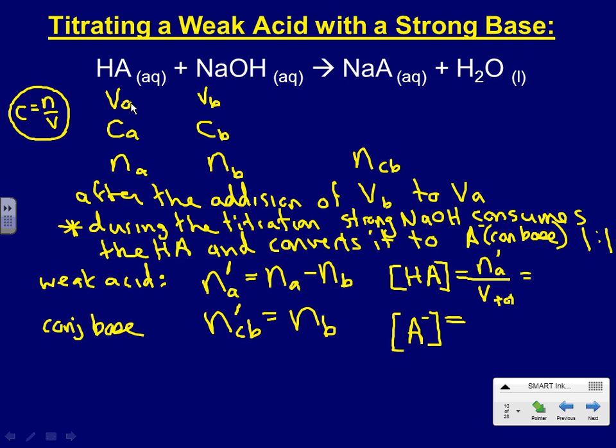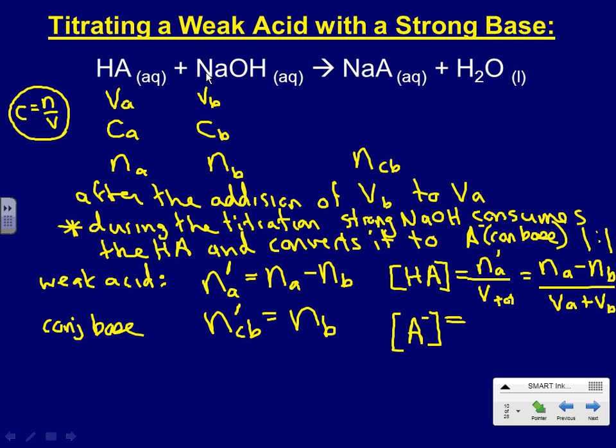That's going to be equal to Na minus Nb over the total volume, which will be equal to the volume of acid that was in the Erlenmeyer flask plus the volume of base that was added. So that's going to be equal to Va plus Vb.